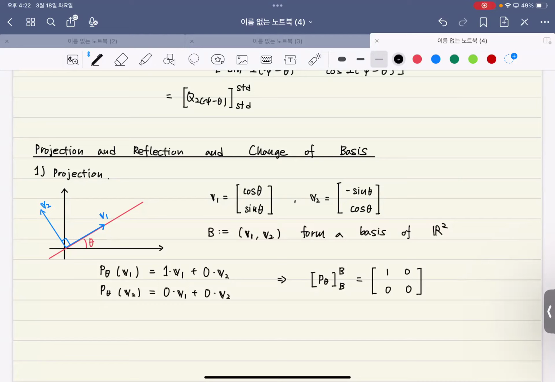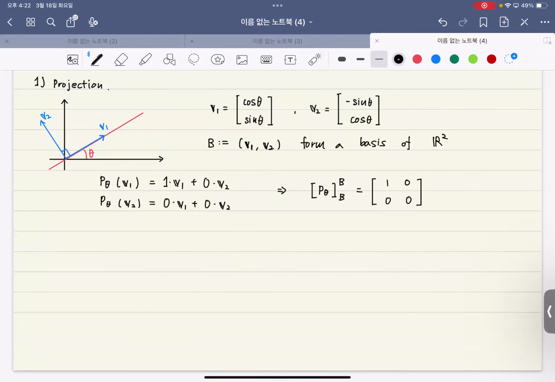How? Now, things are getting interesting. The change of basis trick is very useful. Especially whenever you have a matrix representation of some linear transformation in one basis, then using the change of basis trick, you can find the matrix representation of the same transformation in a different basis.